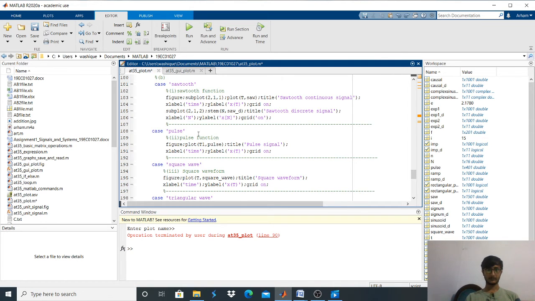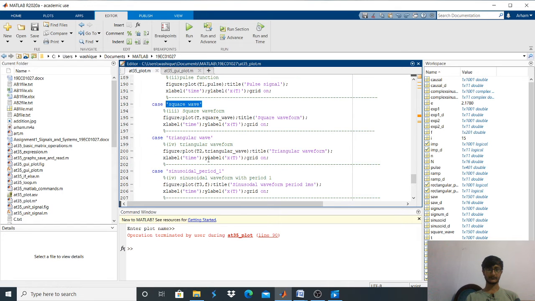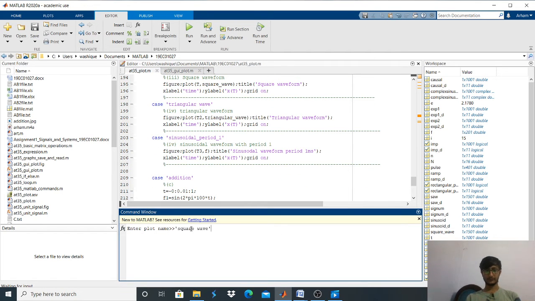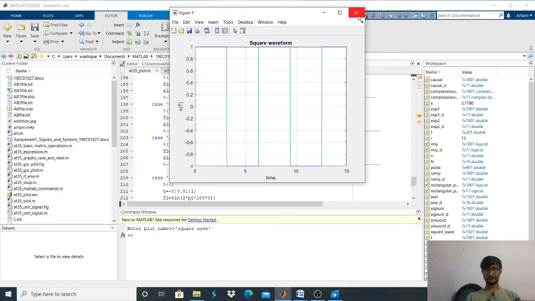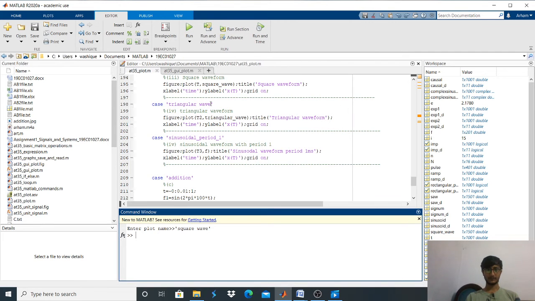So let's copy it first. Now run it. See, the square wave has come. Square waveform. Now we are having triangular waveform.